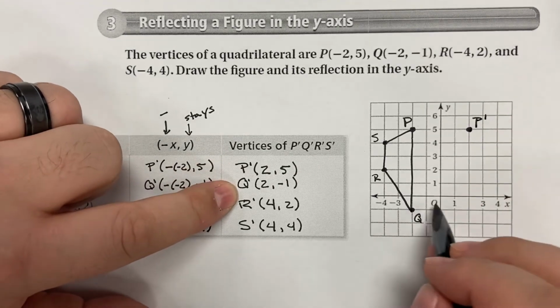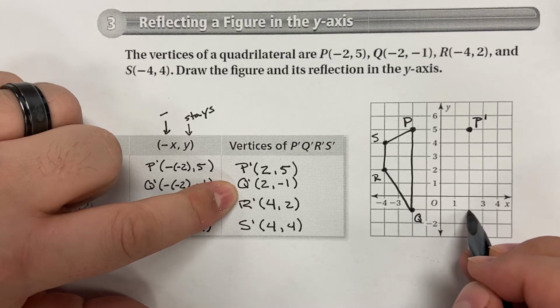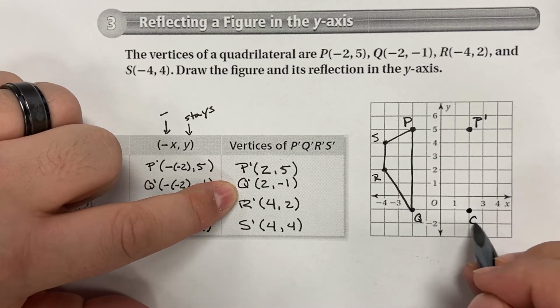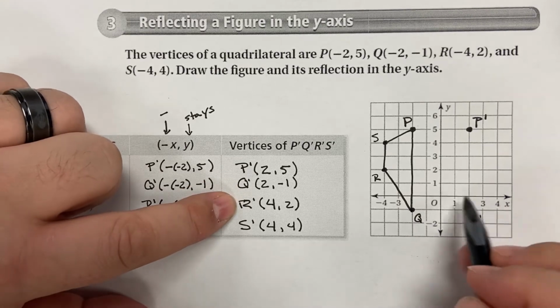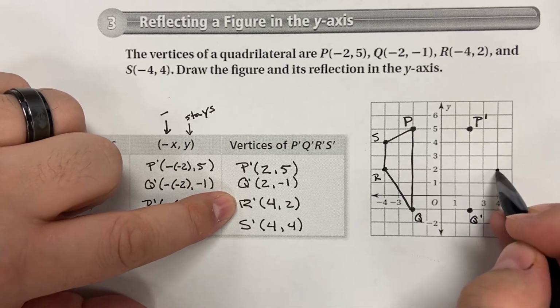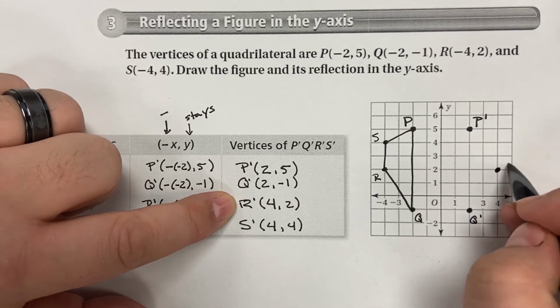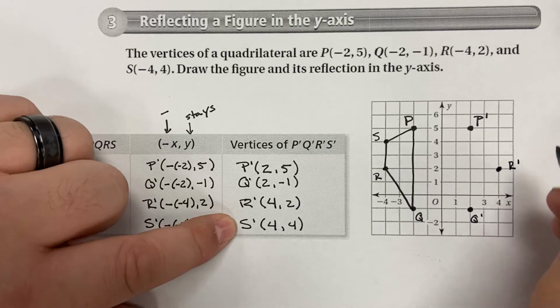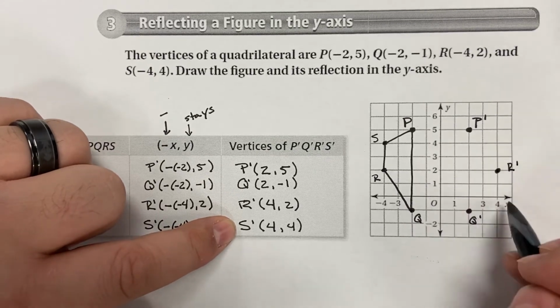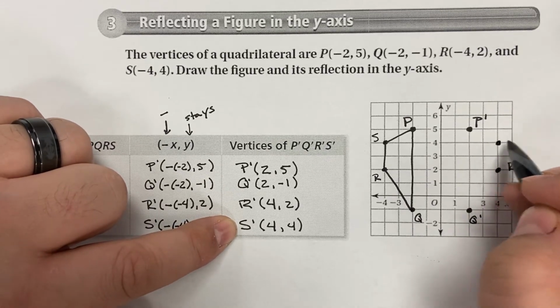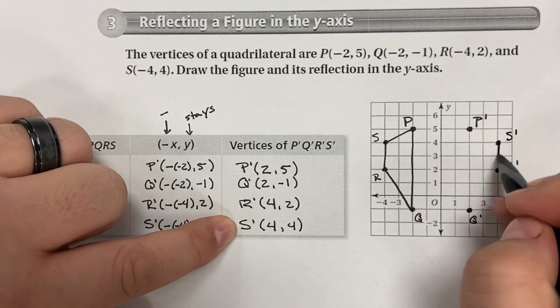And this is at (2, -1). That's the image of Q. Then this one's at (4, 2), which is the image of R. And the image of S is at (4, 4), which gets us our image there.